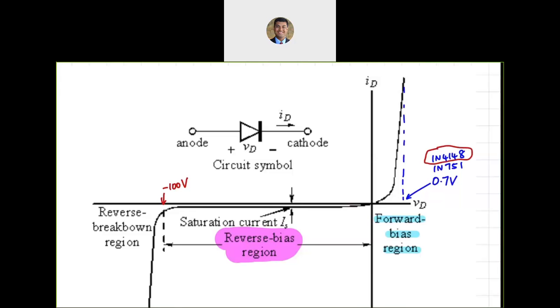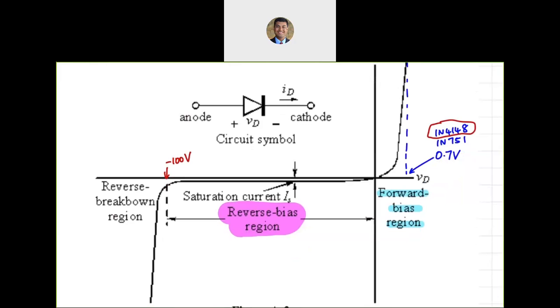That means that we have applied so much negative voltage that the depletion region between the P and N type material goes into the breakdown region, which means after this point all the current will start flowing through the diode, but it is going to be negative because now it's in the other direction. So that's your third region, the reverse breakdown region.